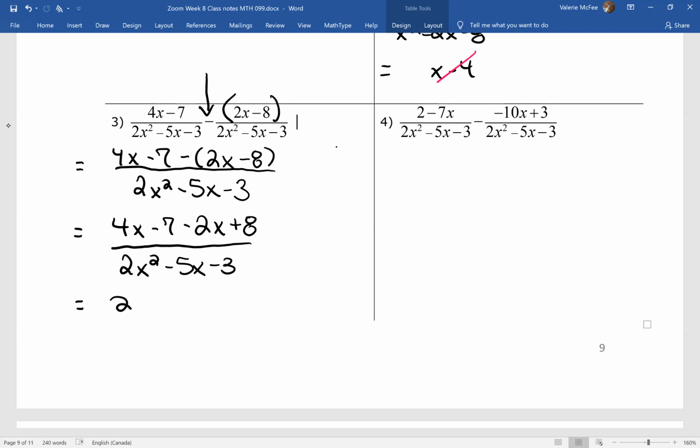Combine like terms. I'm going to factor that denominator to see if I can simplify any further.